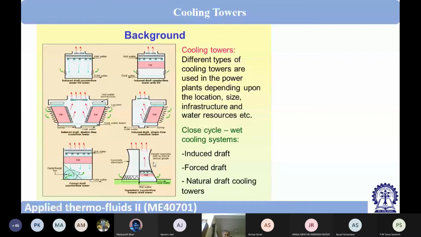Why is it like this? Why will there be a venturi-like shape of the cooling tower? Any idea?